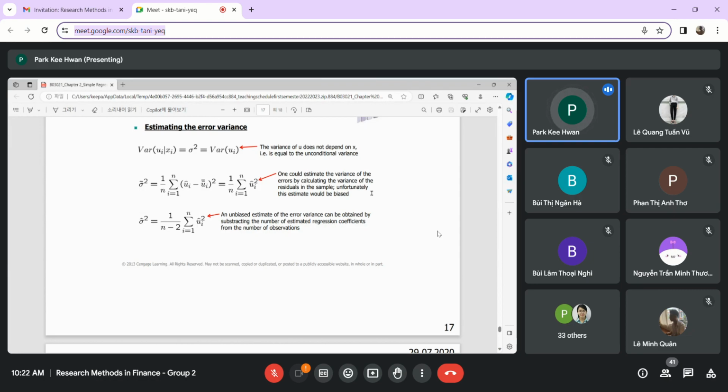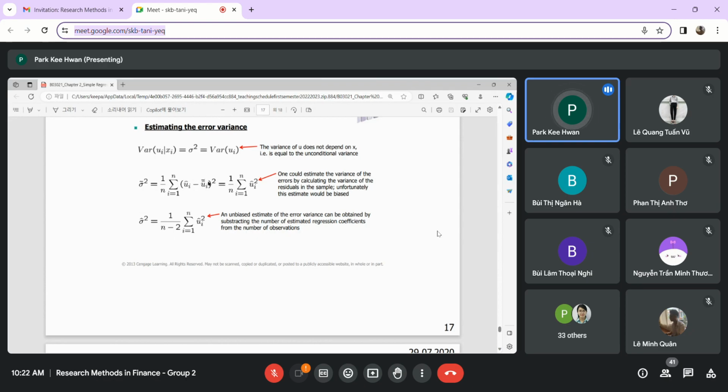Okay, so we estimate the population parameter sigma square using the squared residual, the variance of the residual.